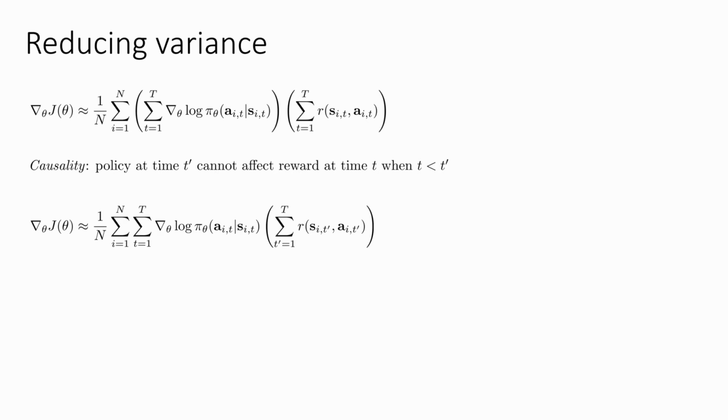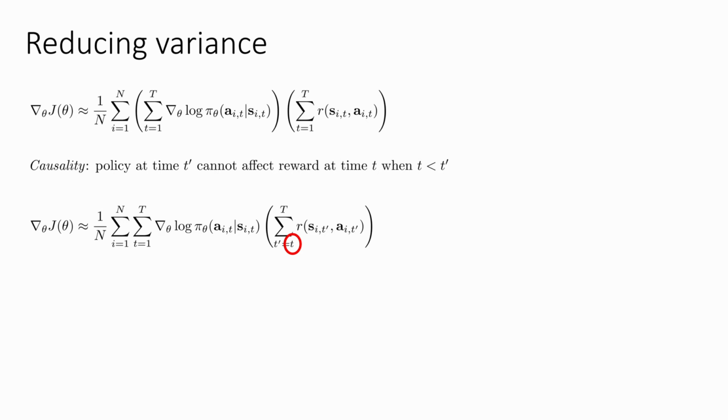So what I can do is make use of this fact to change this sum. I'm going to change this number, this 1, to a t. I'm going to say, when we multiply grad log pi at some time step t, let's only multiply it by the rewards that we get at that time step and later, rather than all of the earlier rewards, because it can't affect the earlier rewards.